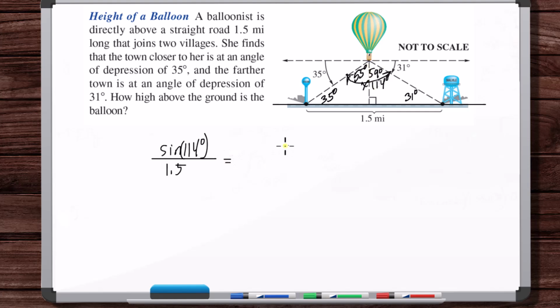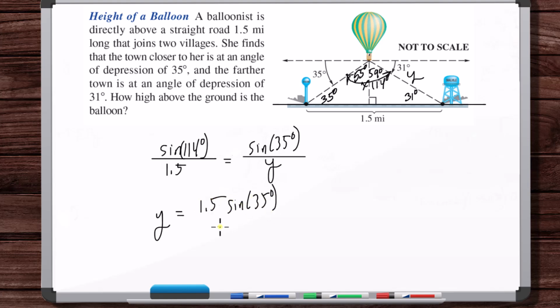So let's call this y. We'll say now sine of 35 degrees over y. So we're analyzing this outer triangle here, this oblique triangle. So y is equal to, if we cross multiply here, then divide by sine of 114, 1.5 sine of 35 degrees over sine of 114 degrees.